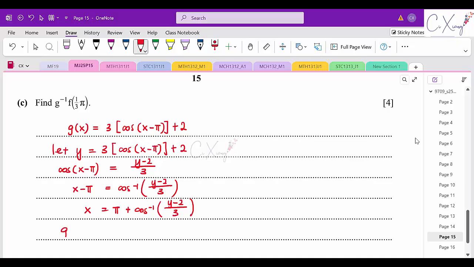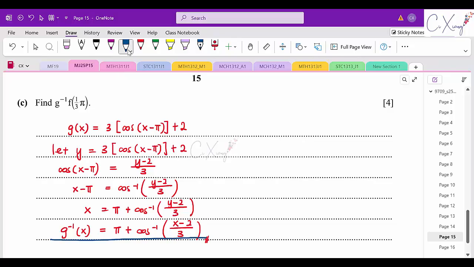And we try to rewrite our function again. This will be our inverse function for g, where you're having pi plus cos inverse, changing your equation in terms of x. So this is my inverse function of g.